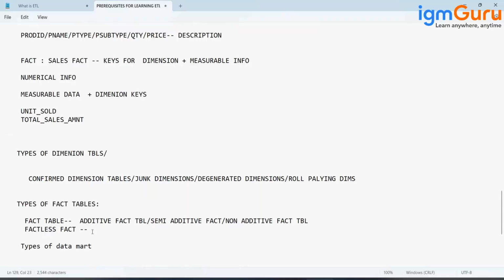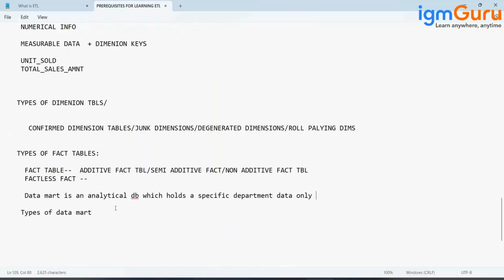Before talking about types of data mart, as I told before, to define precisely, a data mart is an analytical database which holds a specific department's data only, but not all the department data like in my warehousing database.